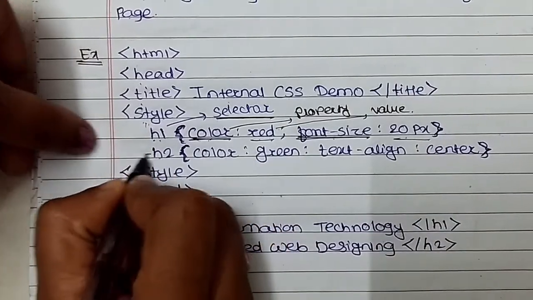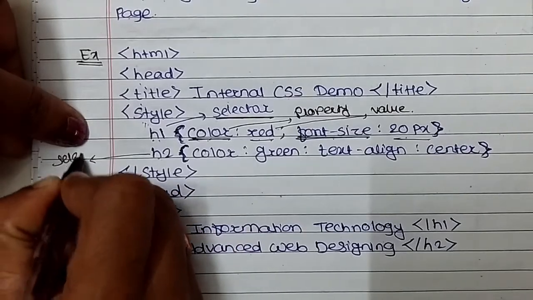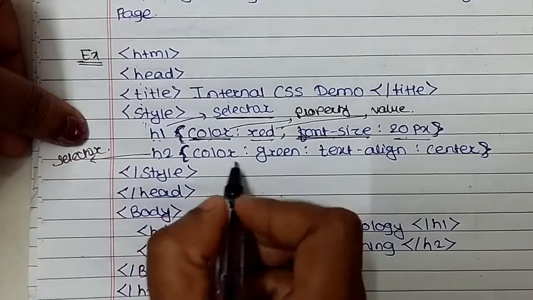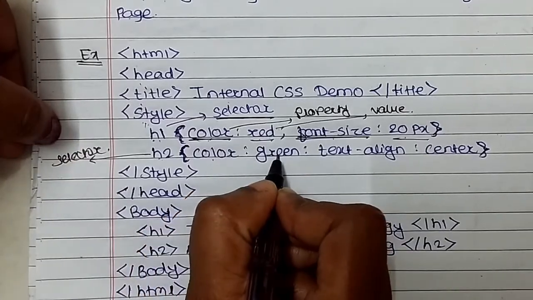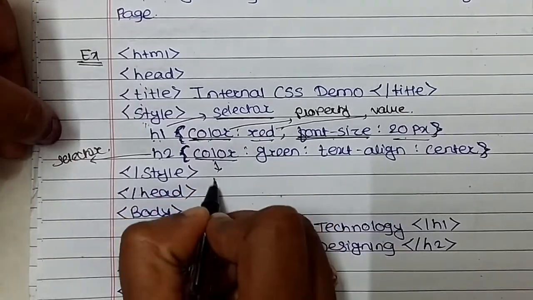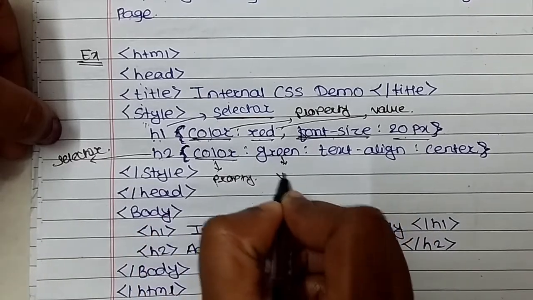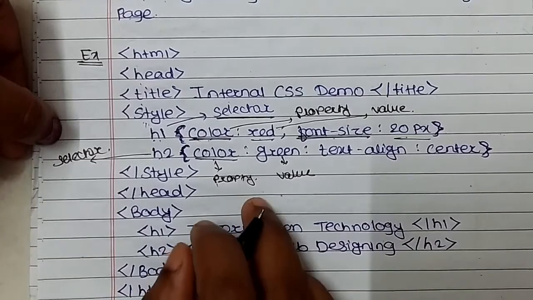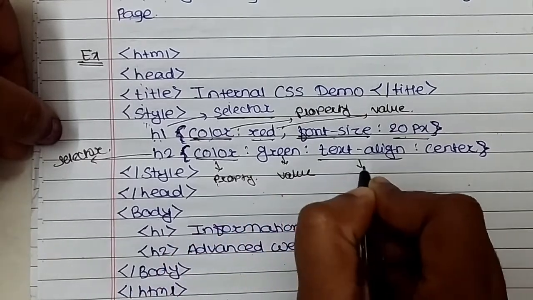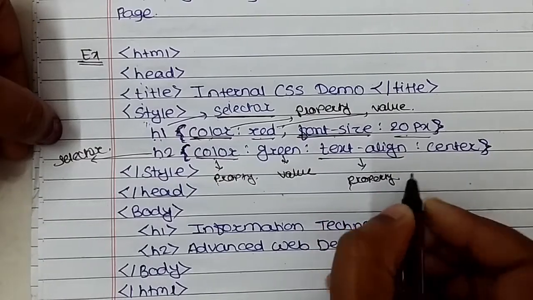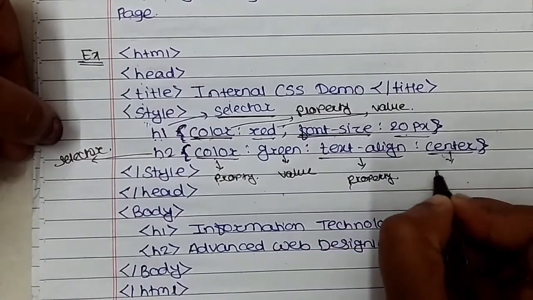Next we use the next selector, that is h2. Color green is one property of h2, and green is the value of that property. This is another property, and this is the value of that property.